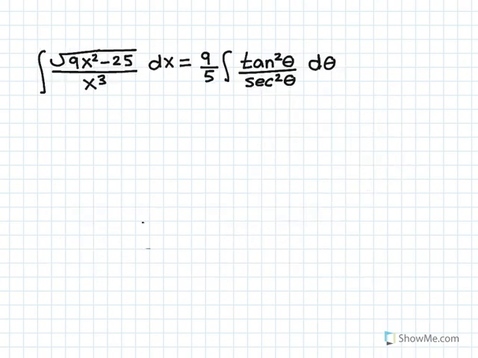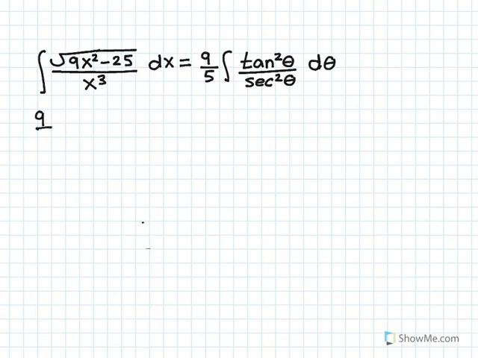Alright, so the integral of the root of 9x squared minus 25 divided by x cubed dx is equal to 9 over 5 times the integral of tan squared theta divided by sec squared theta, integrated with respect to theta. We're going to use a trig identity and write tan squared theta as secant squared theta minus 1.